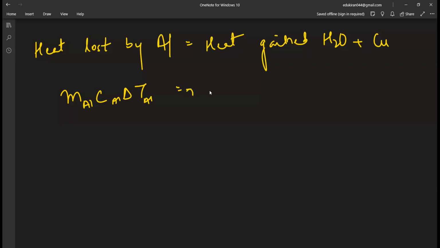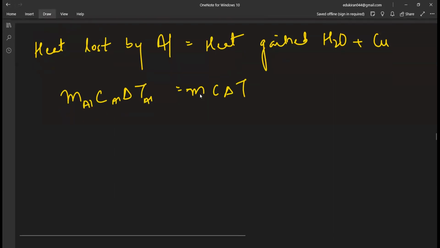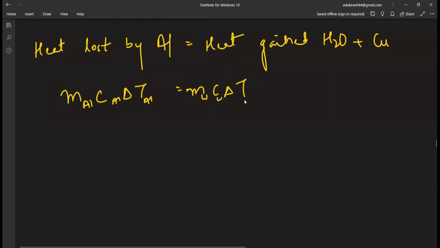How will you write it? mcΔT for water plus mcΔT for copper. That's it.